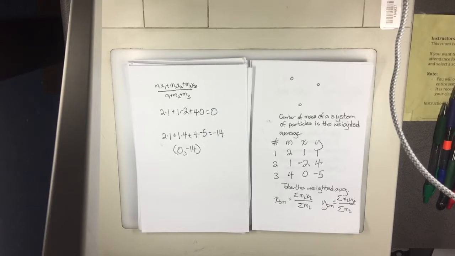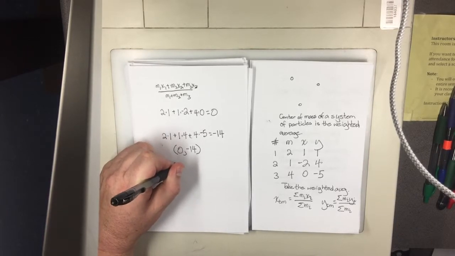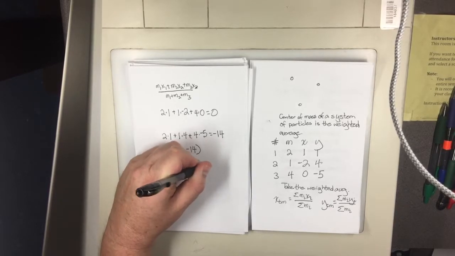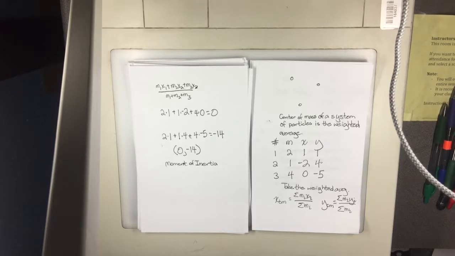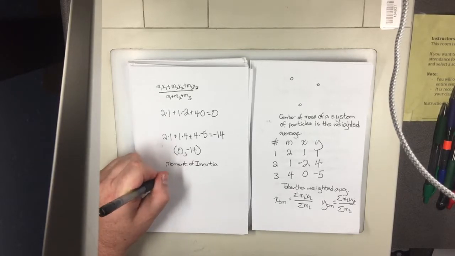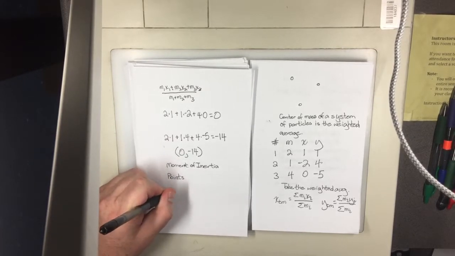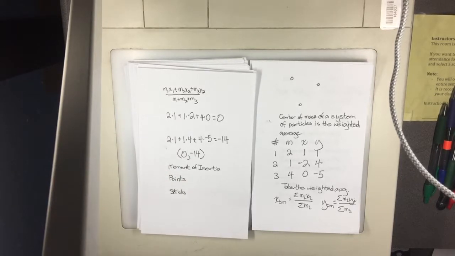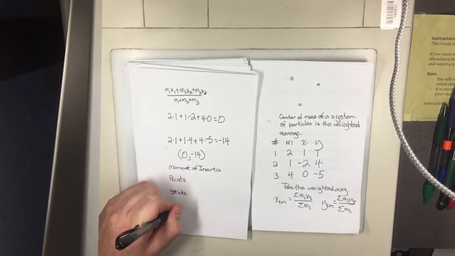Now, getting back to the whole moment of inertia thing. Moments of inertia, we're going to keep things simple. We'll either deal with points, sticks, or you can think of them as bars, or discs, or circles.